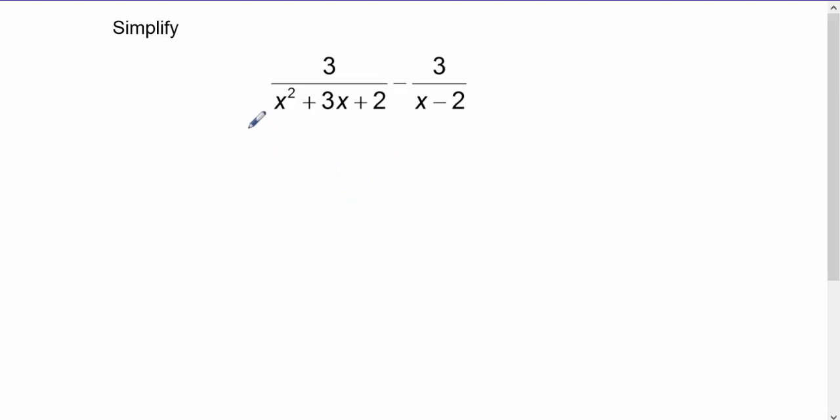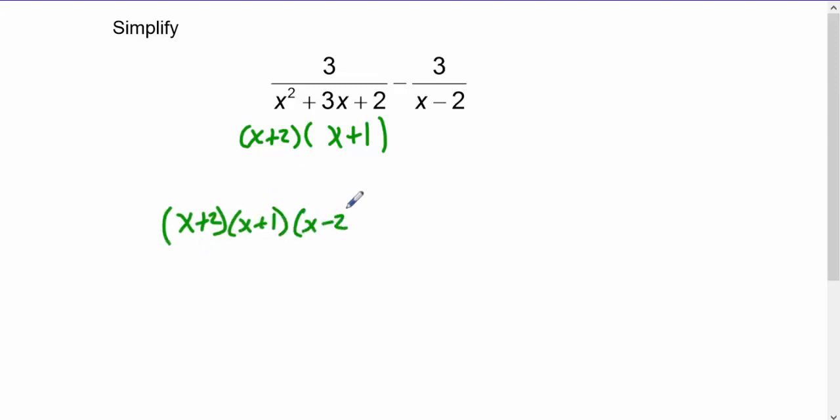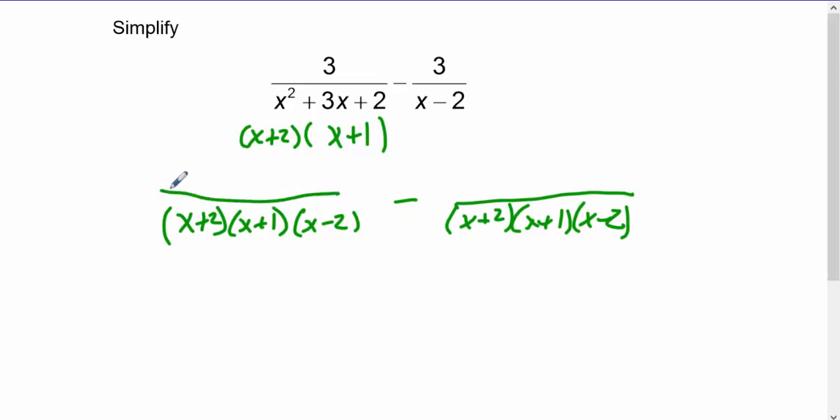Let's continue. I have an x plus 2, x plus 1. I get my LCD of x plus 2, x plus 1, x minus 2. I write it out twice. Get my multiples.